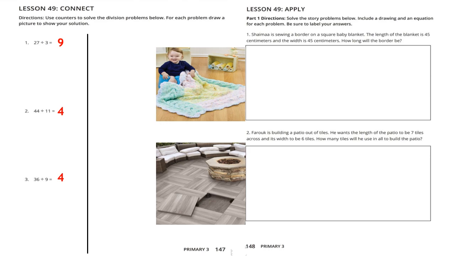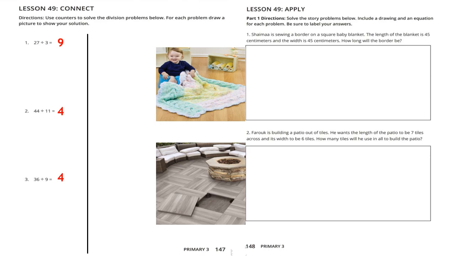Number 1, Shaima is sewing a border on a square baby blanket. The length of the blanket is 45 centimeters and the width is 45 centimeters. How long will the border be? It means I have a square.